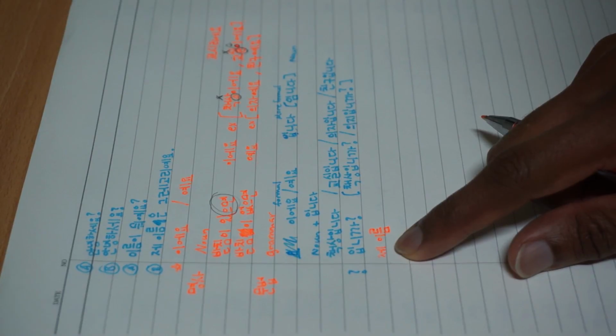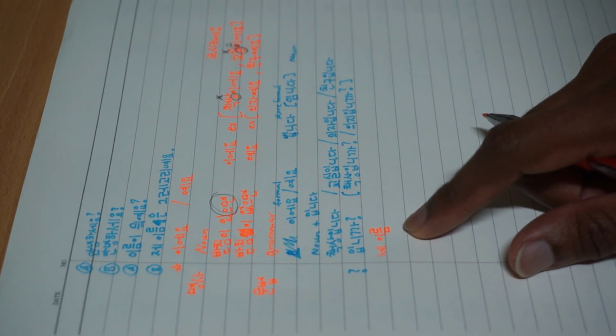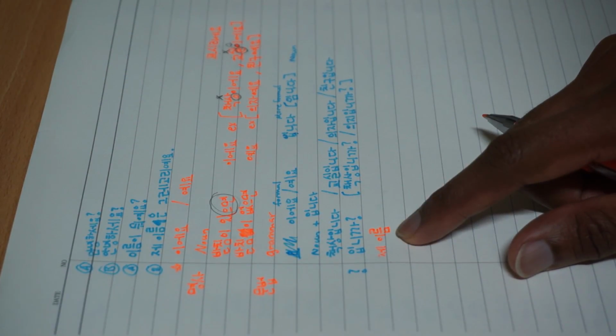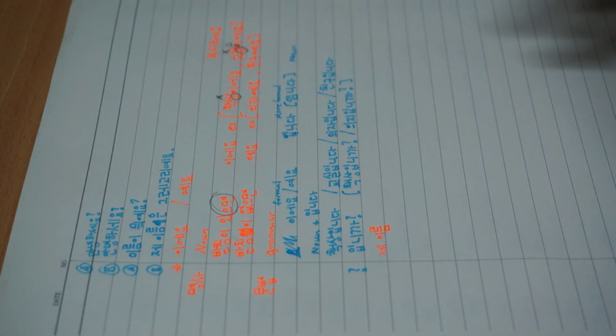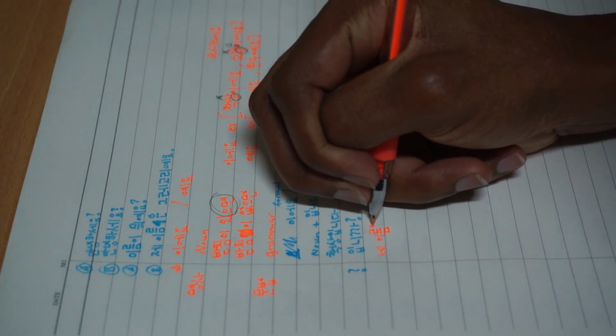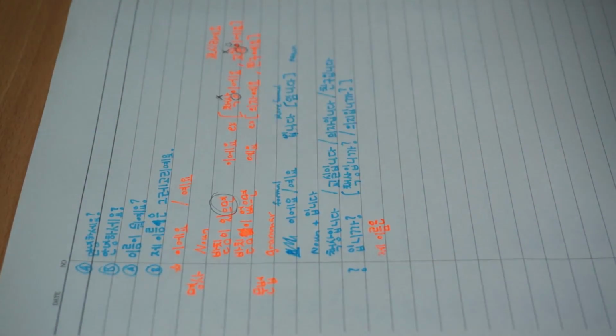So 제 이름, my name. Depending on what it is inside of a sentence, you have the topic, subject, and object marking particles. This, for me, is going to be my topic. So, 제 이름은.